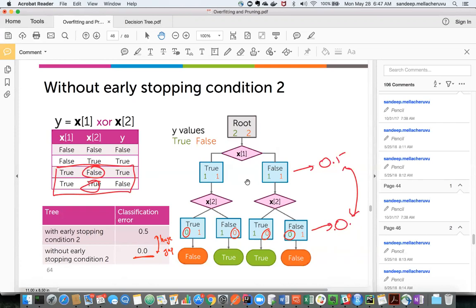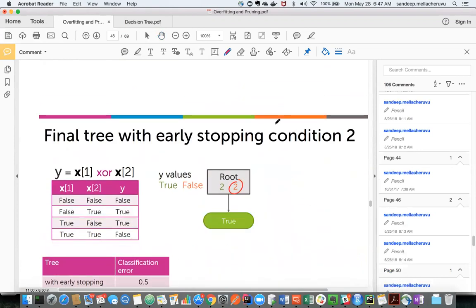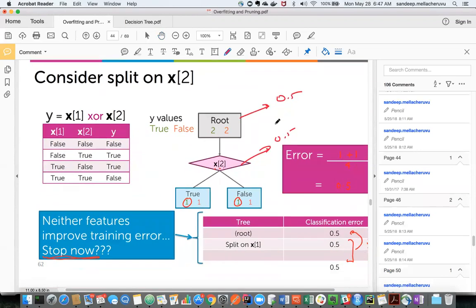So that's why early stopping criteria 1, as well as criteria 2, because criteria 2 is also saying a similar thing: if your classification error has not improved, stop growing the tree. In this case also, the classification error is not improving, so if we stop at depth equal to 1, it will be too short-sighted for us.